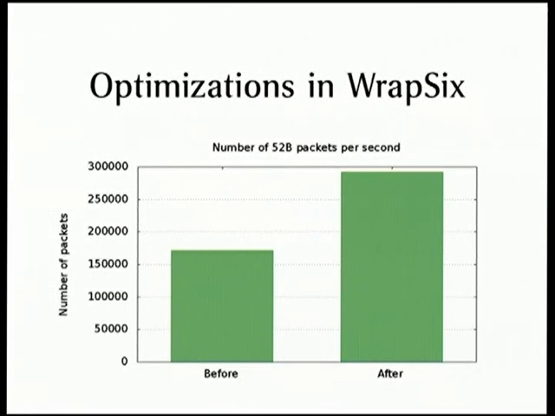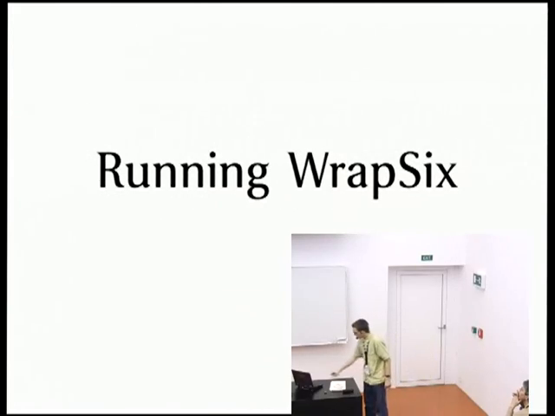Before, it was able to handle just around 170,000 packets, and after, it almost doubled to 300,000 packets, which is nice, but it's not the goal I have. Those 2 million. There is still much to be done. So I'm moving to the second part.